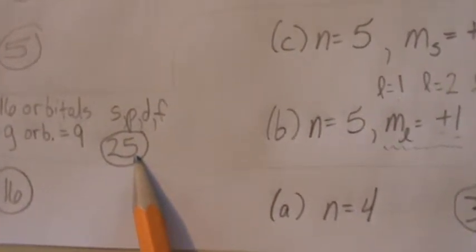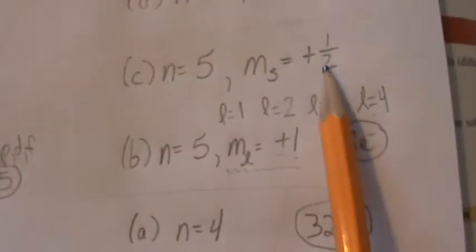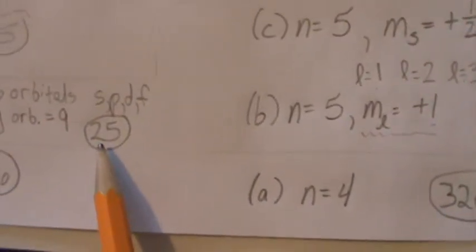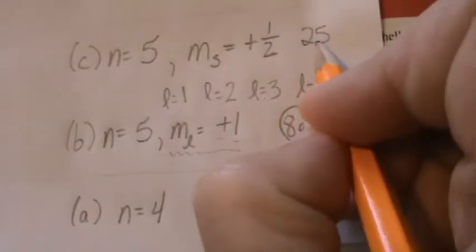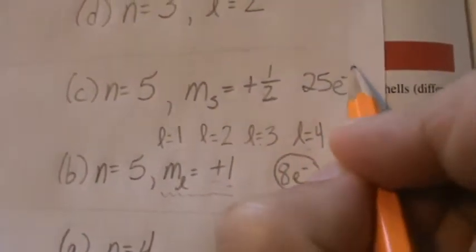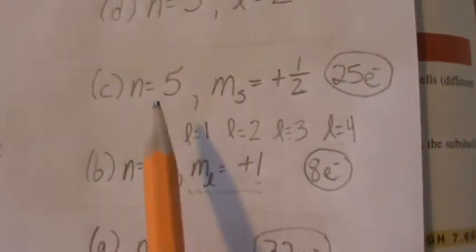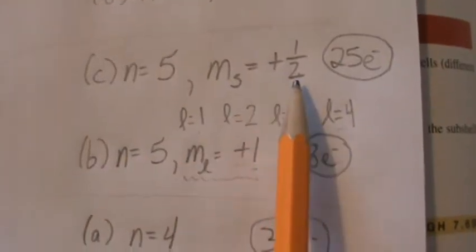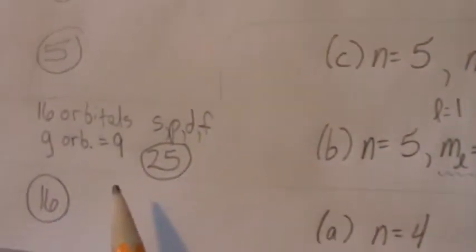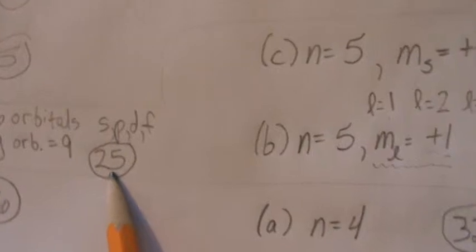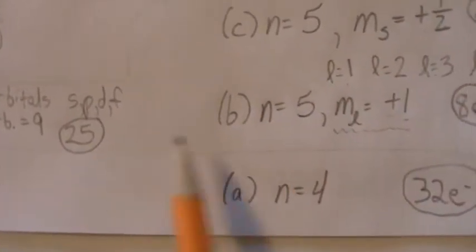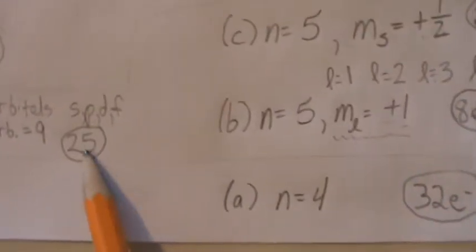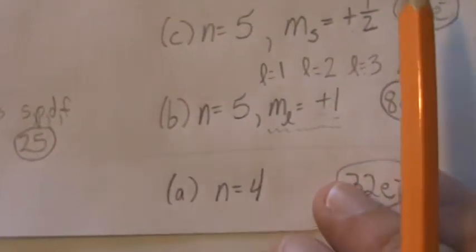In each of these orbitals, one electron is plus 1/2 and the other one is minus 1/2, which means that there are 25 electrons in the n equal to 5 energy level that have a spin number of plus 1/2. Because each one of these 25 orbitals has one electron that could go into it that's plus 1/2 and one electron that could go into it that's minus 1/2. So it would have 50 electrons altogether.